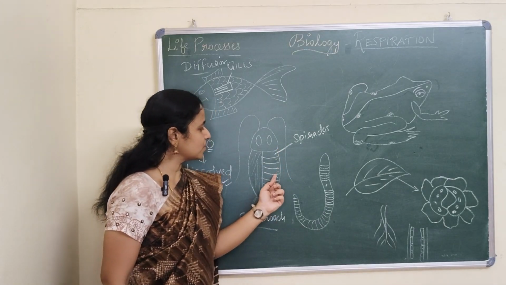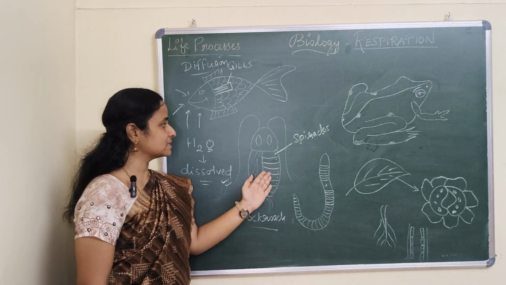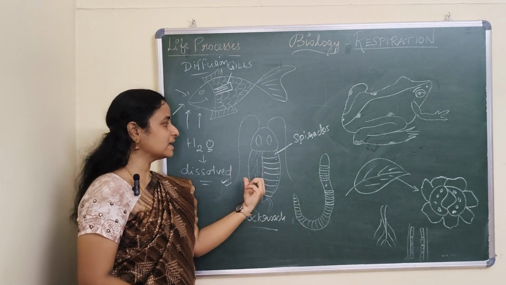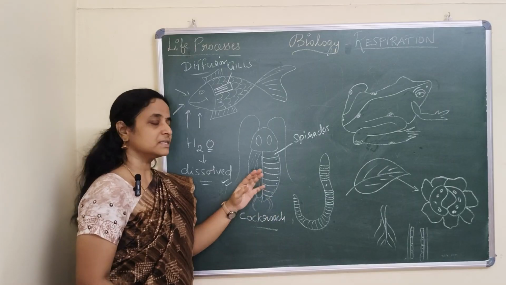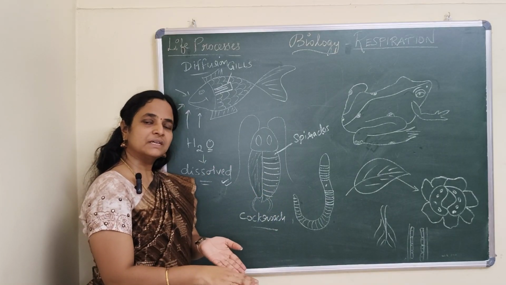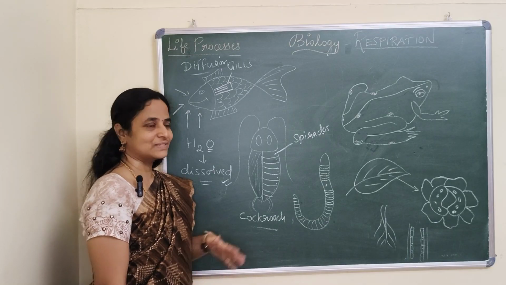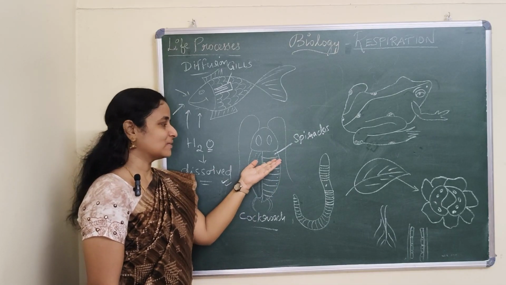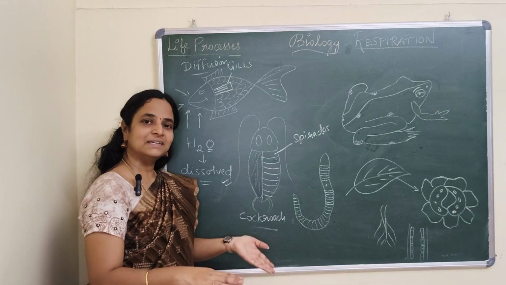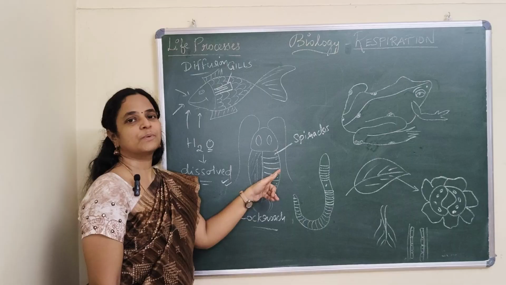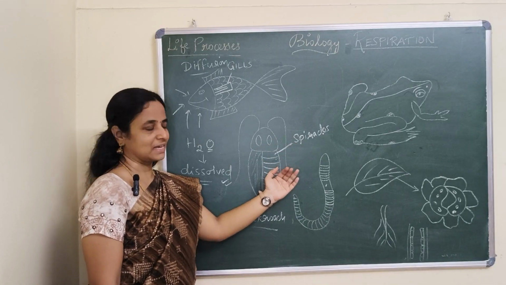These are tiny holes present on the thorax region, and the air is inhaled through these spiracles. When the insect is turned upside down, it finds it difficult to breathe and dies. So this is the reason why cockroaches die when they are turned upside down, because the spiracles are responsible for the exchange of gases.